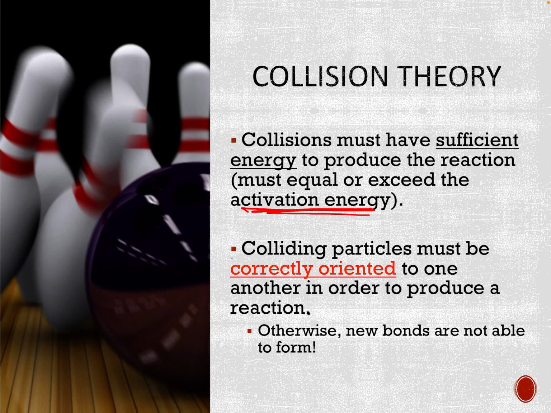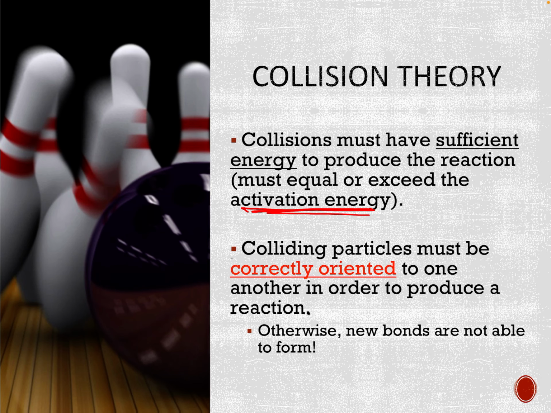The other thing that they need is to be oriented correctly. If your molecule is facing the wrong way to cause this new bond to form, then it won't react, right? There's only these specific sites on the molecule that can cause this reaction. And it's really easy to think about this from a biology standpoint, right?